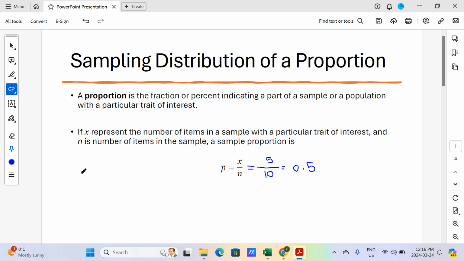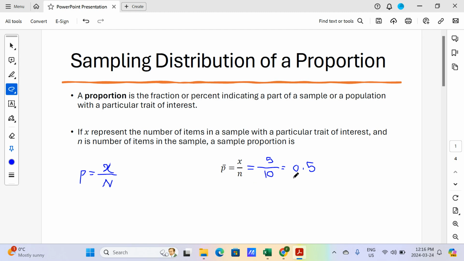Then I can calculate the population proportion, which we show by P. X represents the number of items with a particular trait of interest in a population, and we have the population size, capital N. So p bar is the sample proportion, P is the population proportion, capital N is the population size, and lowercase n is the sample size.